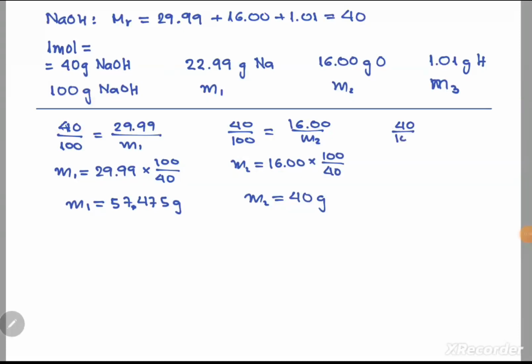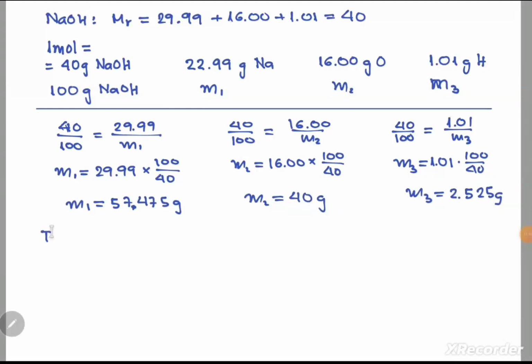For hydrogen, we find M3 is equal to 0.525 grams.